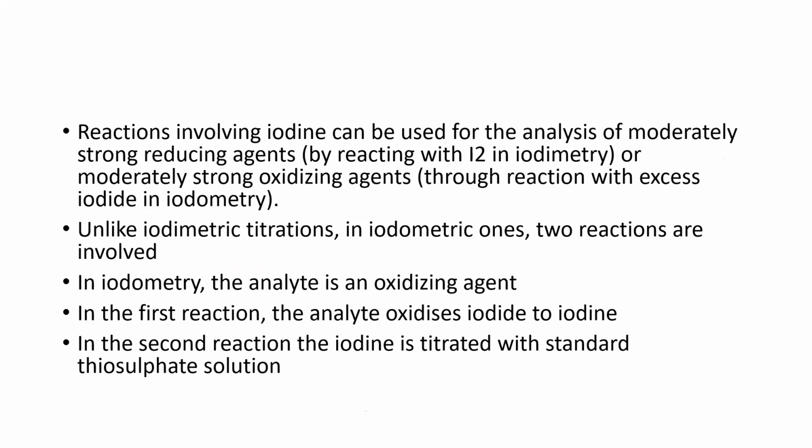So reactions involving iodine can be used for the analysis of moderately strong reducing agents by reacting with iodine in iodimetry or using excess iodide in iodometry. Unlike iodimetric titrations, in iodometry two reactions are involved. Iodimetry is just a direct titration with iodine, but in iodometry we are going to titrate with excess iodide and sodium thiosulfate.